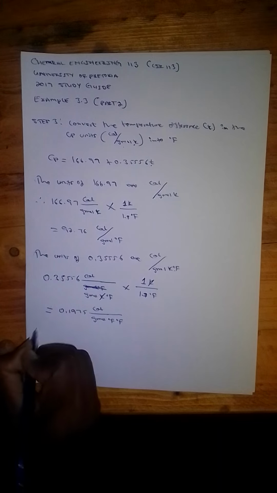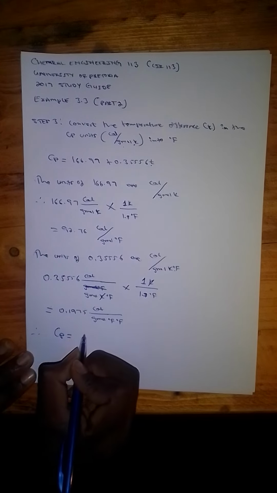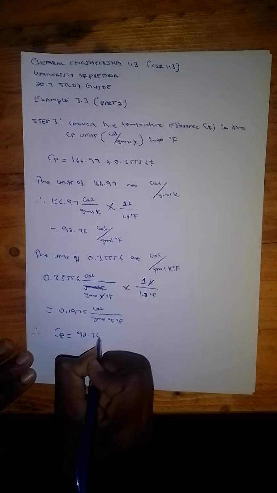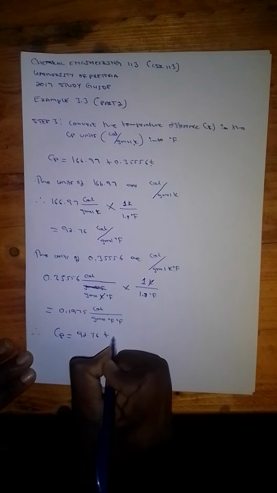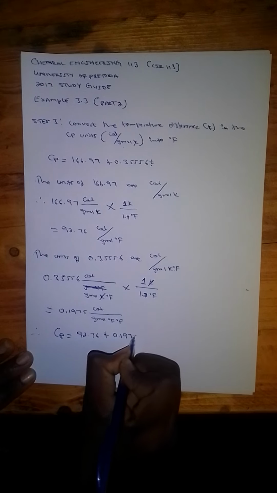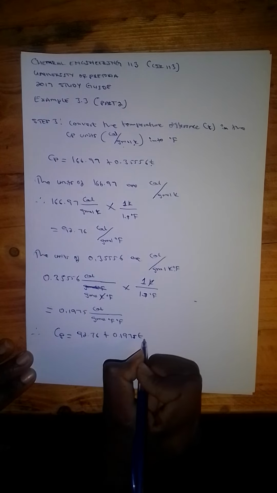Now the CP equals 92.76 plus 0.1975 T, right?